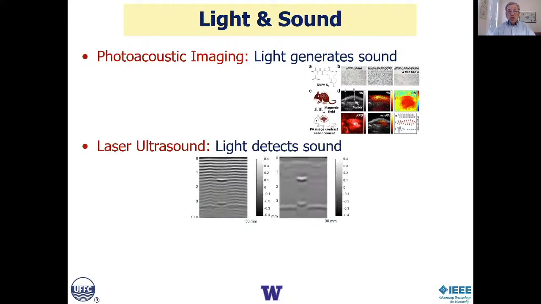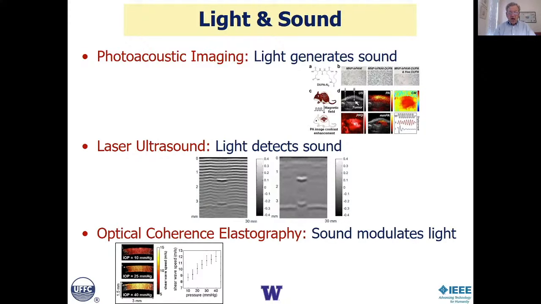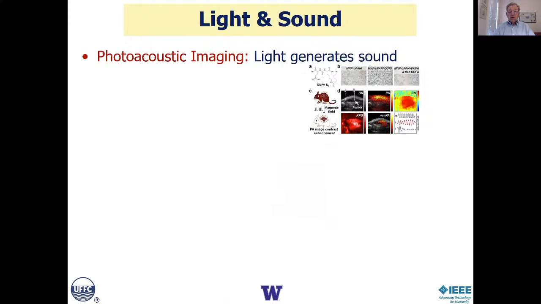The second is where light detects sound, and this is used for non-contact detection of ultrasound, and we'll look at it for laser ultrasound, but also for a photoacoustic system as well. And finally, we'll talk about where ultrasound tickles light, so where sound modulates light, and the example we use for that is optical coherence elastography. So let's get into the first of these, which is photoacoustic imaging, where light generates sound.